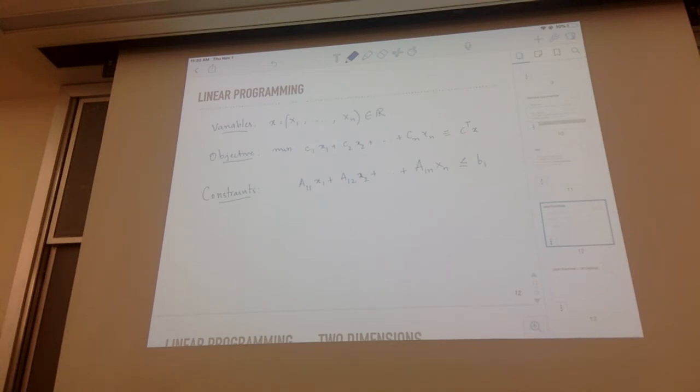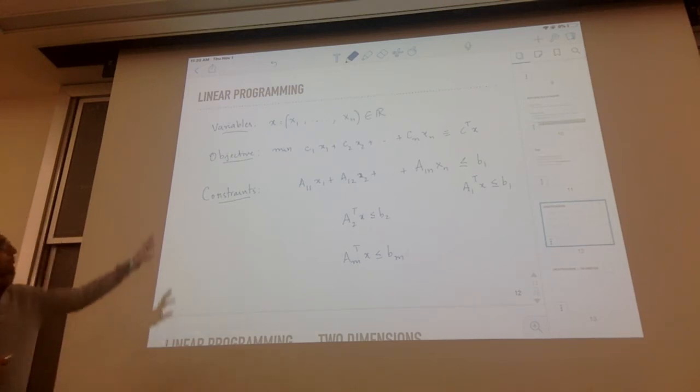If I reverse the signs, everything becomes greater than or equal to. I will write this as a1 transpose x less than or equal to b1, where a1 is the vector a11, a12, and so on. And you have other constraints like a2 transpose x less than or equal to b2, and am transpose x less than or equal to bm. So this is the very general form of linear programming.